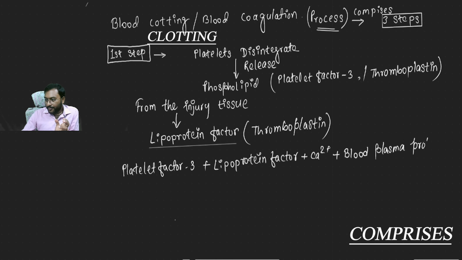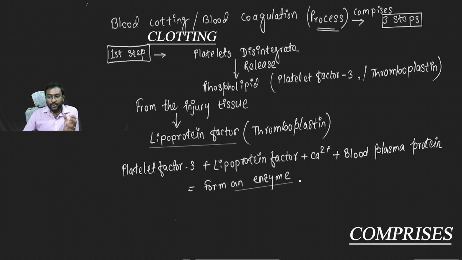So these two clotting factors, platelet factor 3 and the lipoprotein factor, combine with calcium ion and also blood plasma protein to form an enzyme. What is the name of the enzyme?